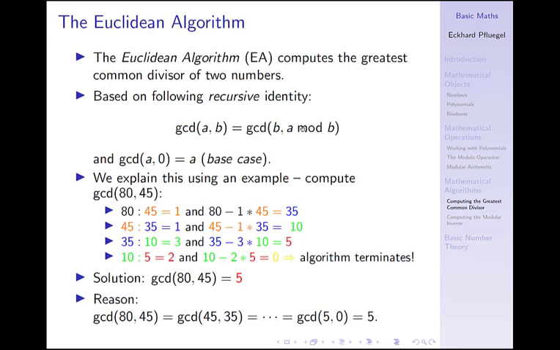If you think about this, what it means is that the input is actually reduced in size. So eventually you'll end up in a situation where the second argument becomes 0, and then you can clearly see that the GCD of a and 0 is a.